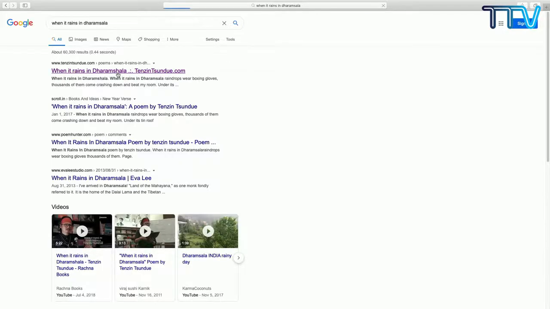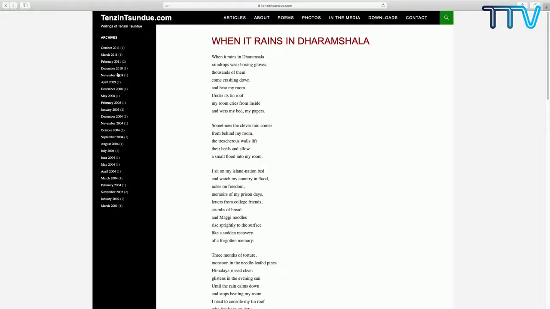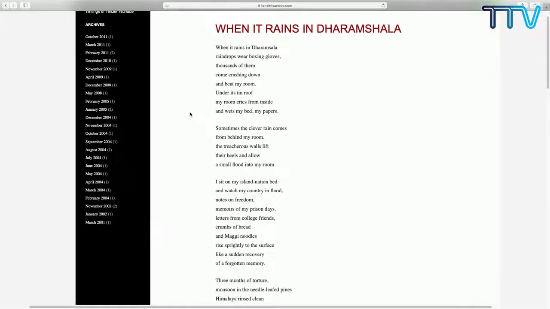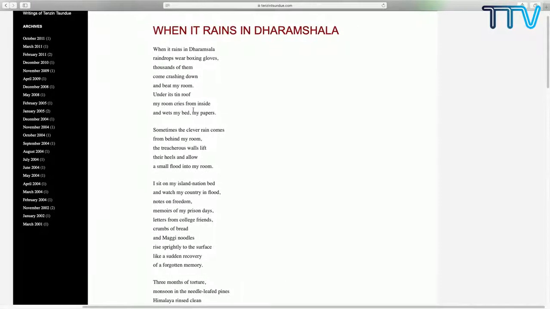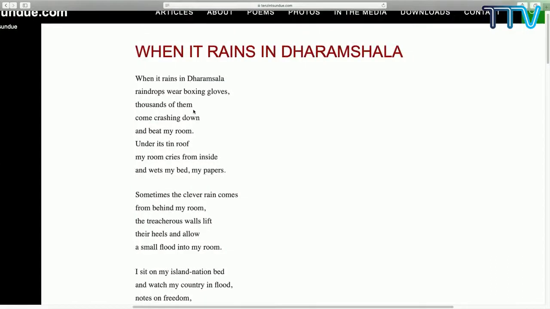If you are interested in reading Tenzin Tsundue's poems, he has his own website, tenzintsundue.com. So let us go through this poem and see whether it's a good descriptive poem or not. This is the poem, When it rains in Dharamsala. I'm just going to read two or three stanzas, and if you're interested, you can go to that site and read the poem.